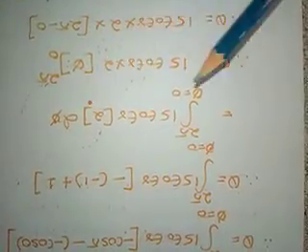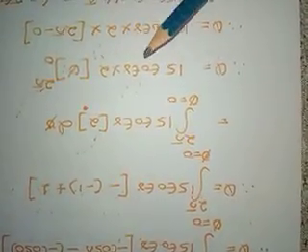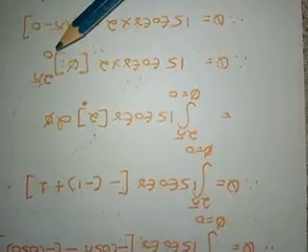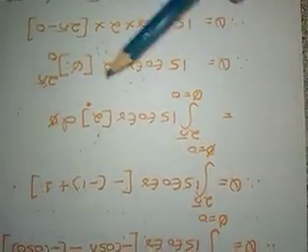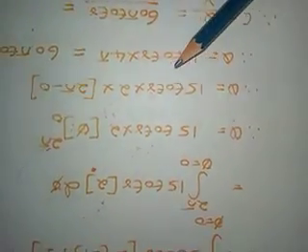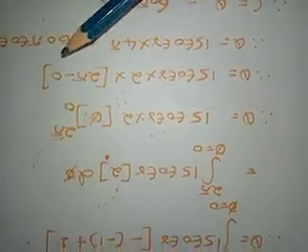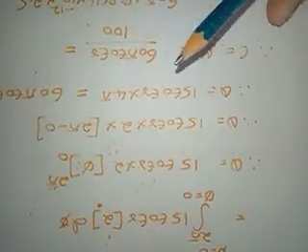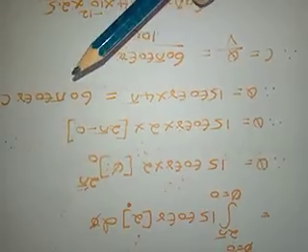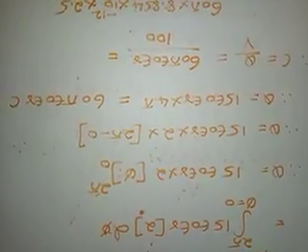Then the integration of d phi with respect to phi is phi, so q is equal to 15 epsilon naught epsilon r into 2 phi for the limit 0 to 2 pi. That is q is equal to 15 epsilon naught epsilon r into 2 pi minus 0, or q is equal to 15 epsilon naught epsilon r into 4 pi, that is 60 pi epsilon naught epsilon r coulomb.